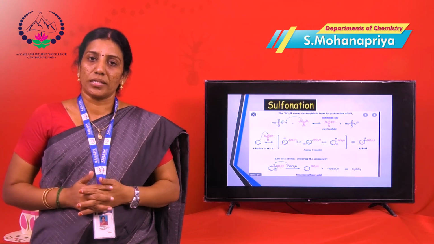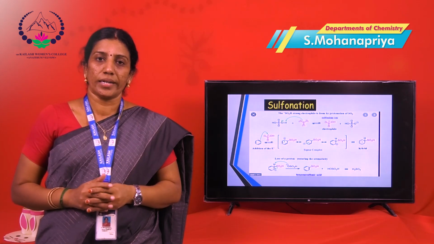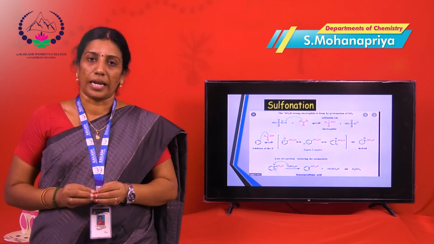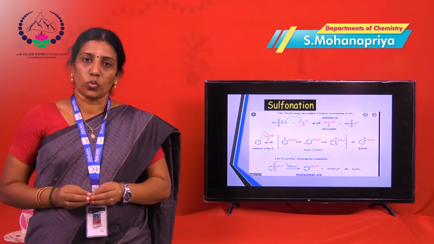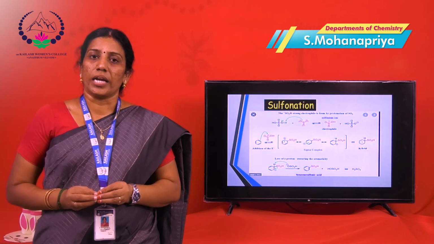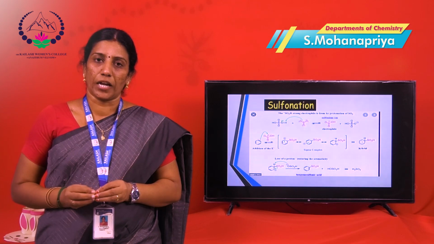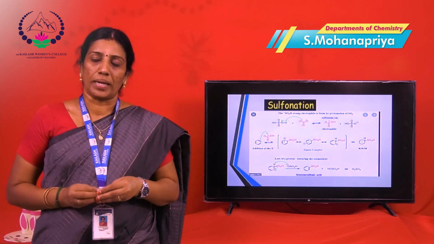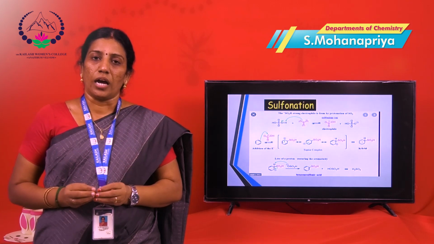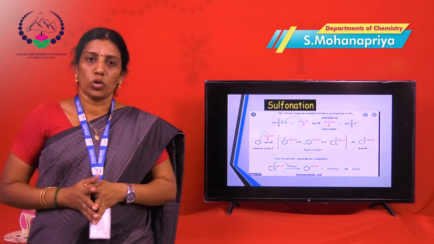The benzene ring is reacted with the nitrating mixture, which is a combination of sulfuric acid and nitric acid. Together they give the product, nitrobenzene. Here NO2+ acts as the electrophile, and it is formed when sulfuric acid and nitric acid are combined.